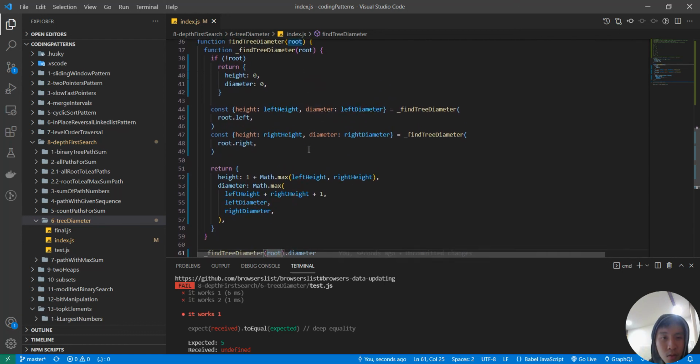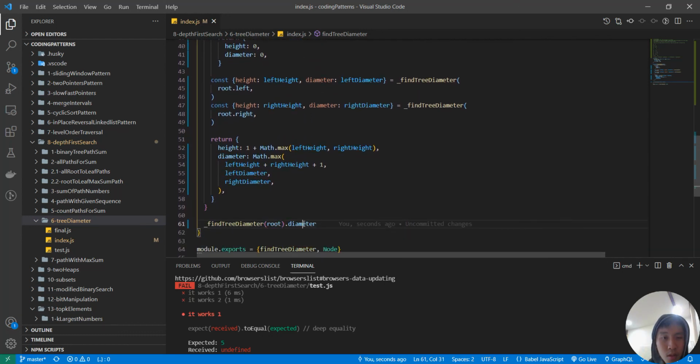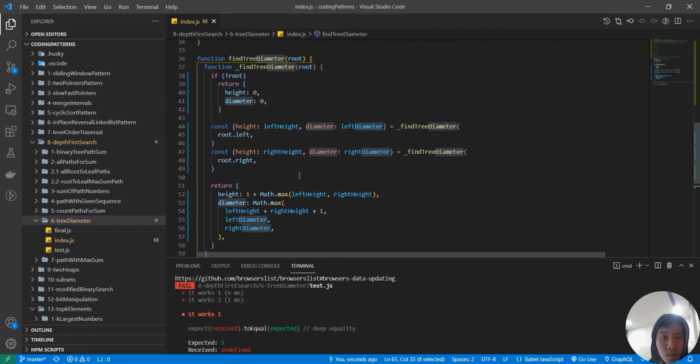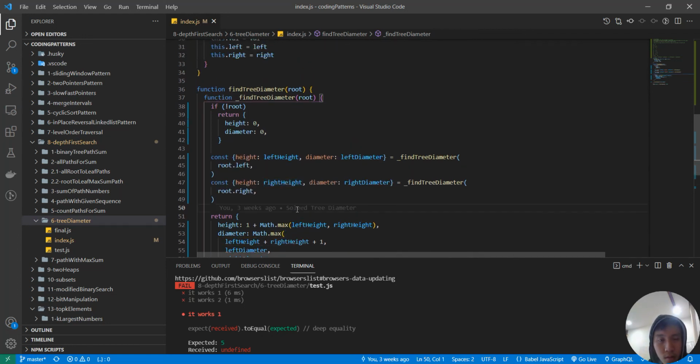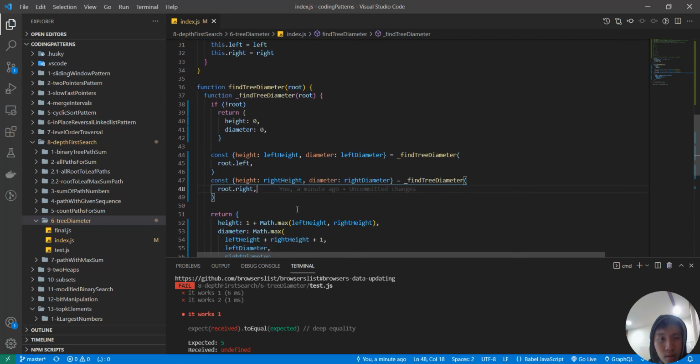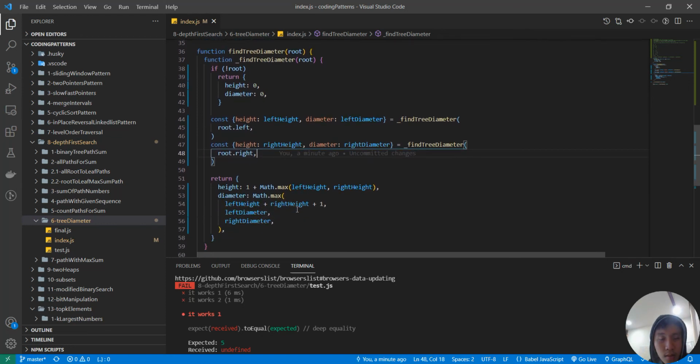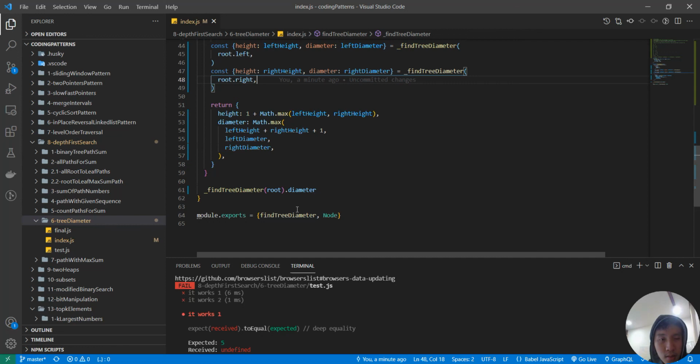What's in the root? And extract the diameter here. I know, I'm missing the return.